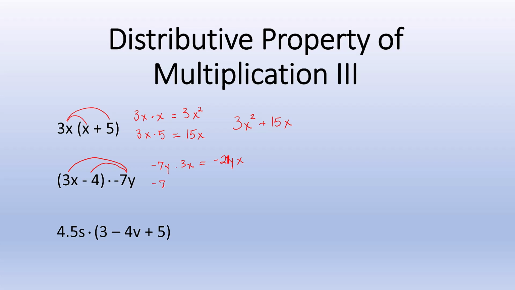And negative 7y multiplied by negative 4 will equal positive 28y. Our final answer will be negative 21yx plus 28y.